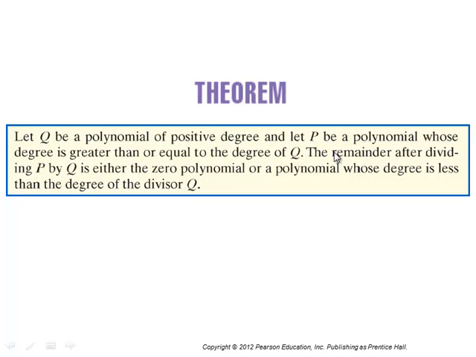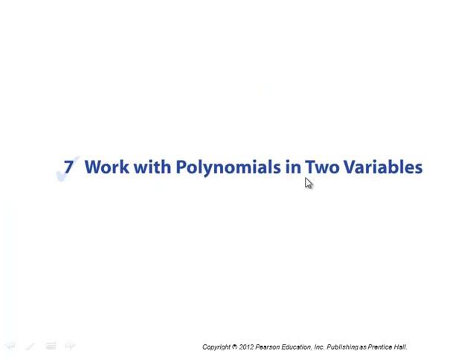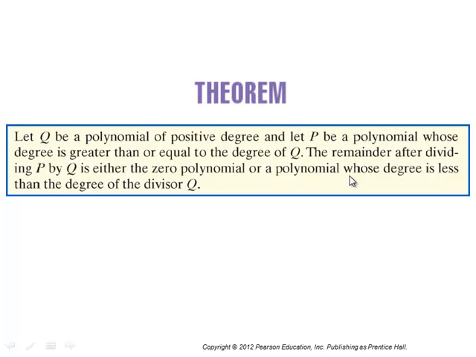The remainder after dividing P by Q is either the 0 polynomial or a polynomial whose degree is less than the degree of the divisor Q. Should make sense. As a matter of fact, the degree of the quotient plus the degree of Q should be equal to the degree of P.